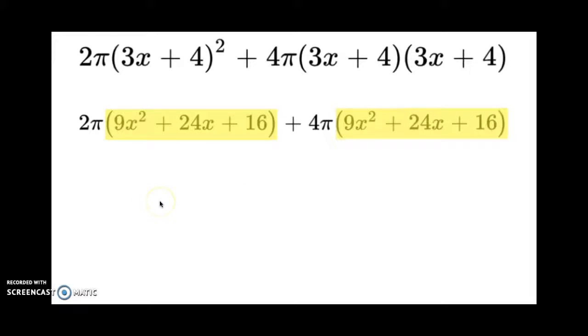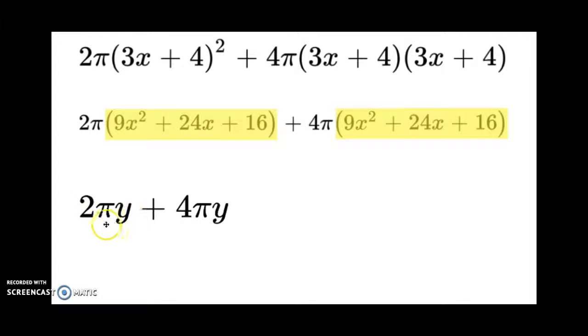Now, if you look at this expression here, and this one, they have a GCF, or a greatest common factor. They are both being multiplied by the 9x squared plus 24x plus 16. Okay? To help you see this a little better, pretend for a minute that these are not these, but rather y's.